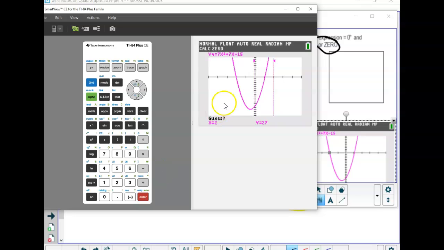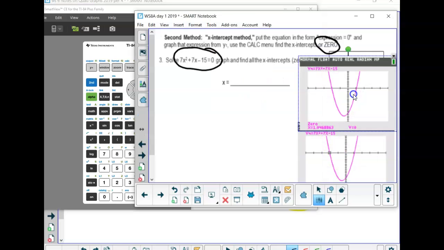So it's somewhere in between those two. It's a little hard to see up there at the top. Enter. I don't really care about a guess, but make sure it says zero here, not guess. So I got 1.046886.